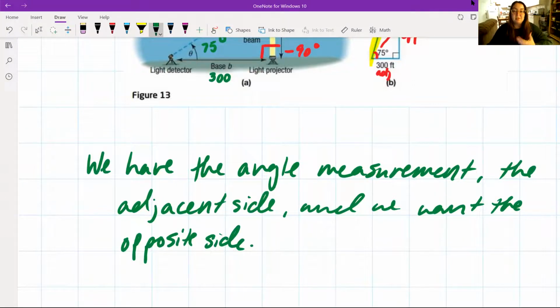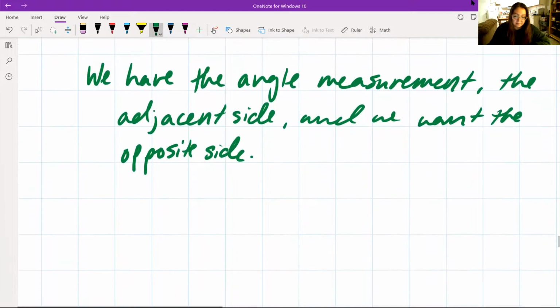Now the trigonometric functions that include opposite and adjacent are tangent and cotangent. And since we use tangent more often, it's in kind of our base 3 within our 6, let's go ahead and use tangent.